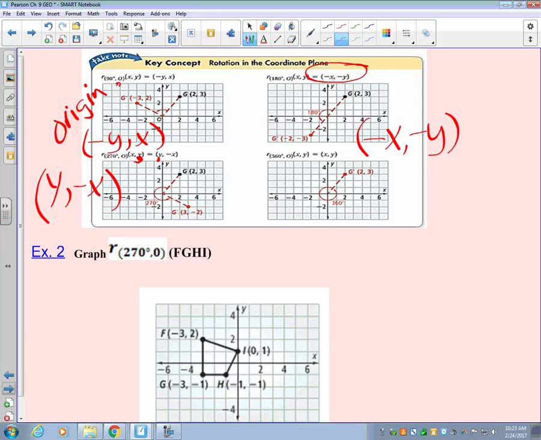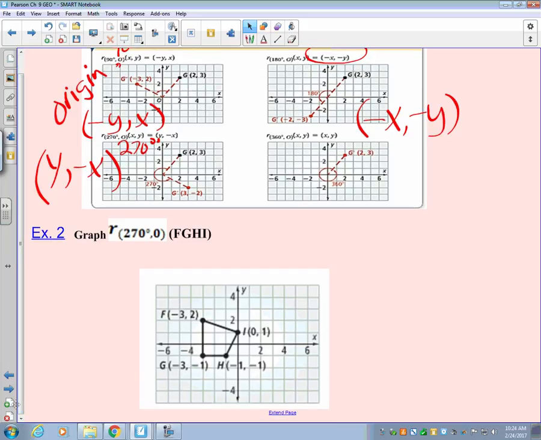I feel like the last one should be pretty self-explanatory. Right? If we're going to rotate something 360 degrees, we're going to end up back where we started. So there's no change when you're rotating 360. And once again, guys, make sure you draw the picture.